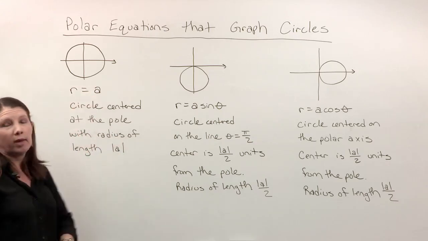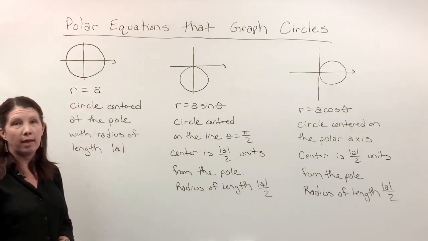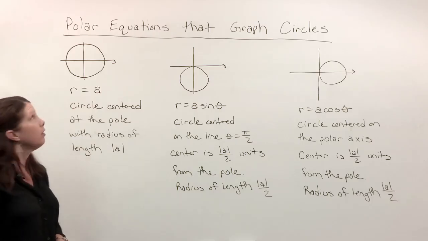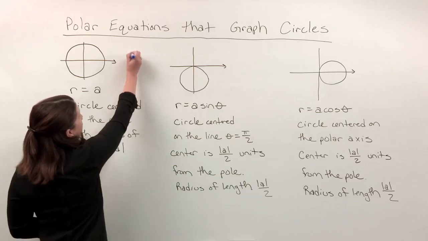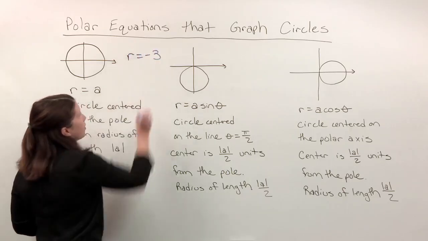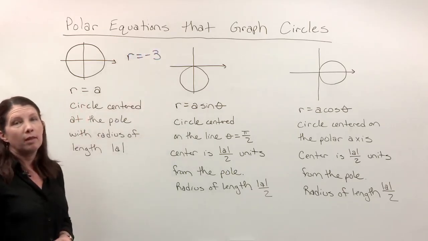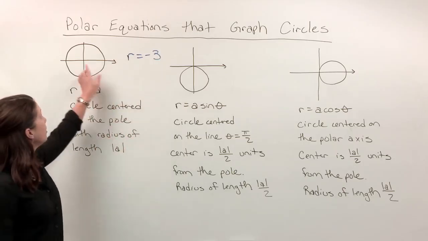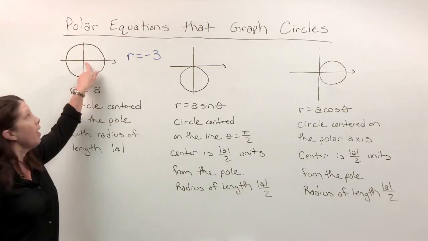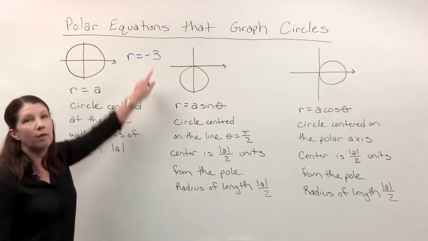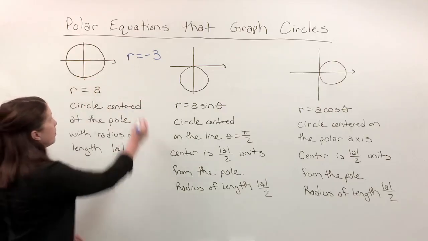In this case, the equation will be in the form r equals a, where a is some constant. So for example, the equation of this circle might be r equals negative 3. That would tell me that this is a circle that has a center at the pole and that has a radius of 3 units.